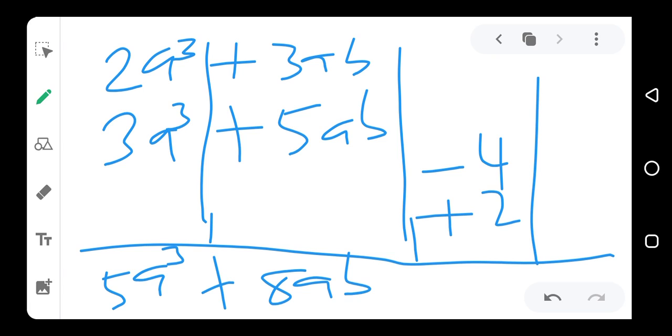Minus 4 plus 2 is minus 2. So this is the answer: 5a raised to power 3 plus 8ab minus 2.